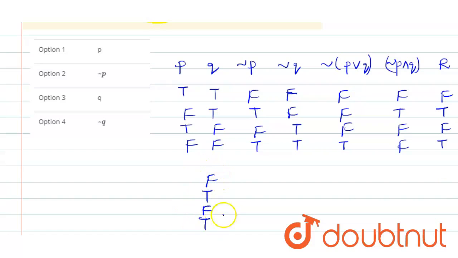Here let's see, negation of P values are false, true, false, true.